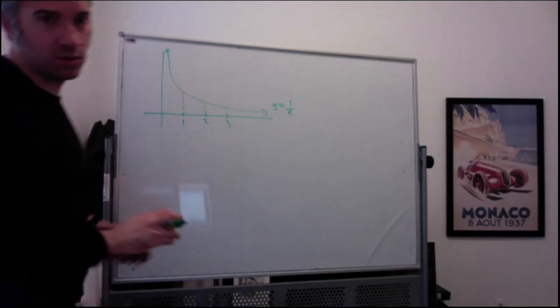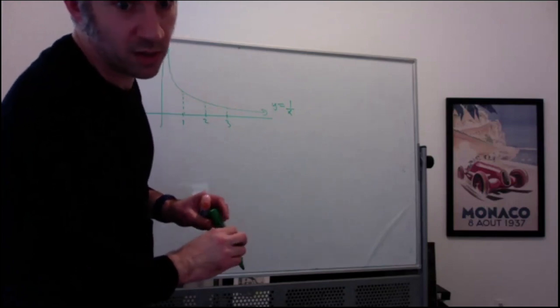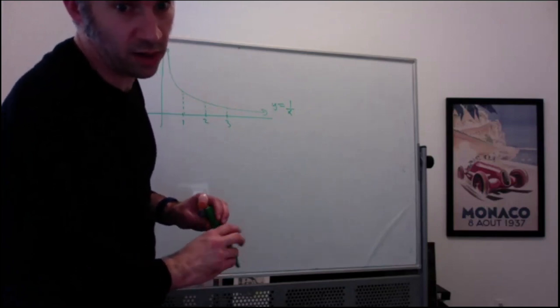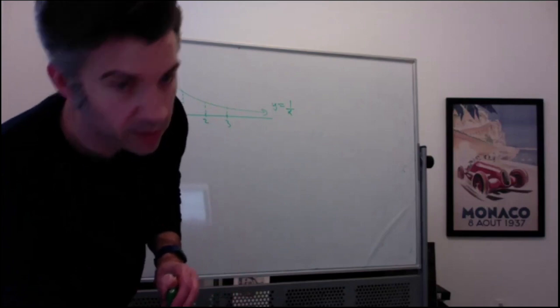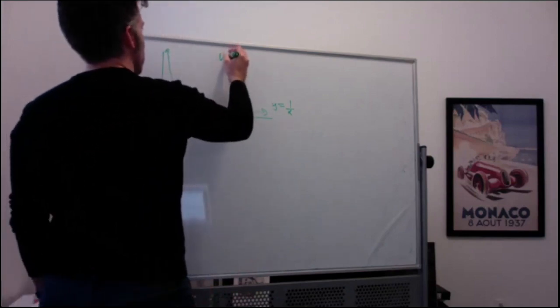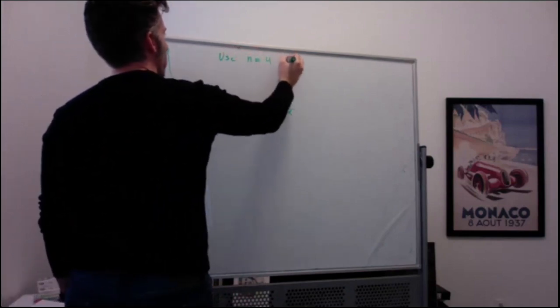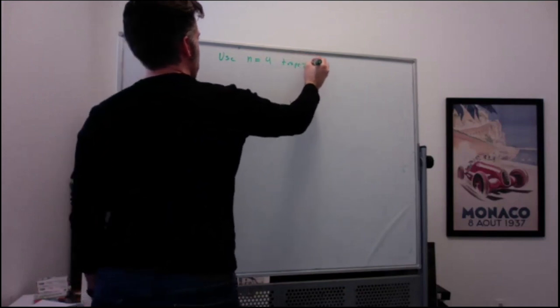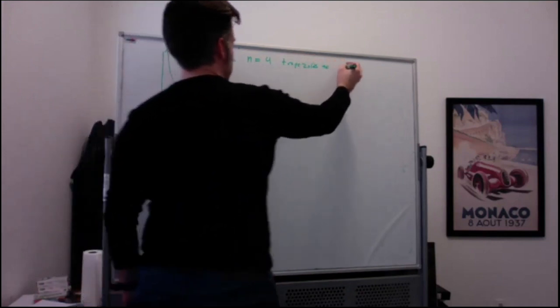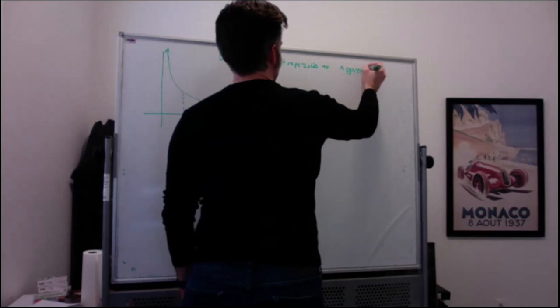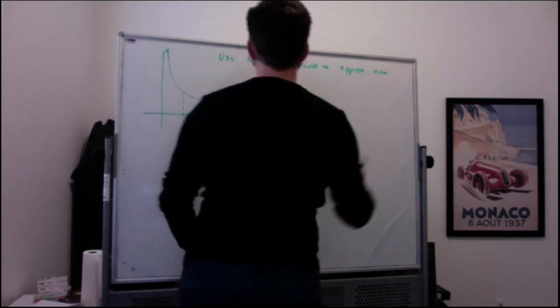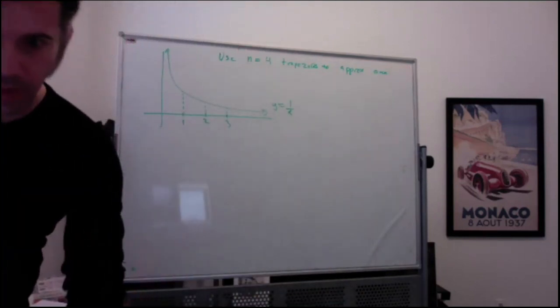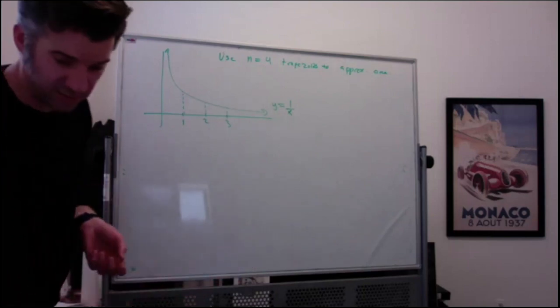Let's use n equal to 4 trapezoids to approximate the area. So I'm just going to draw some trapezoids.